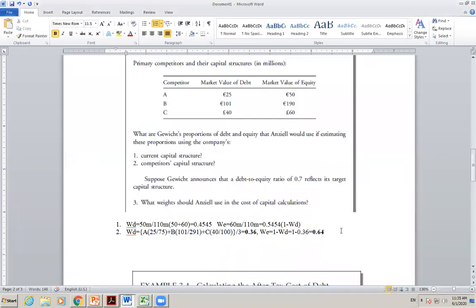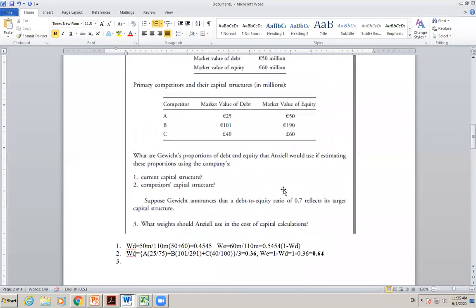And there's a third way of calculating the proportion. So whichever way is given to you, you will use that way, okay? So we are given here: what weight should Angela use as a cost of capital calculation?